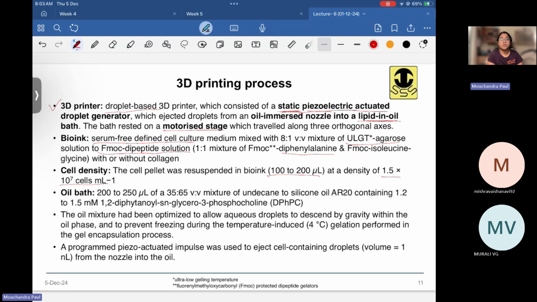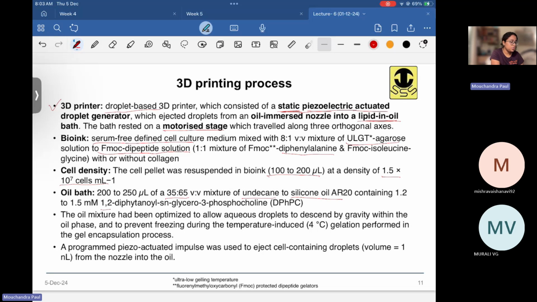What's the composition of the oil bath they used? So they used a 35 to 65 volume by volume mixture of undecane to silicone oil AR20. Okay, and this oil mixture had some lipid molecules inside. So what is the name of the lipid molecule?